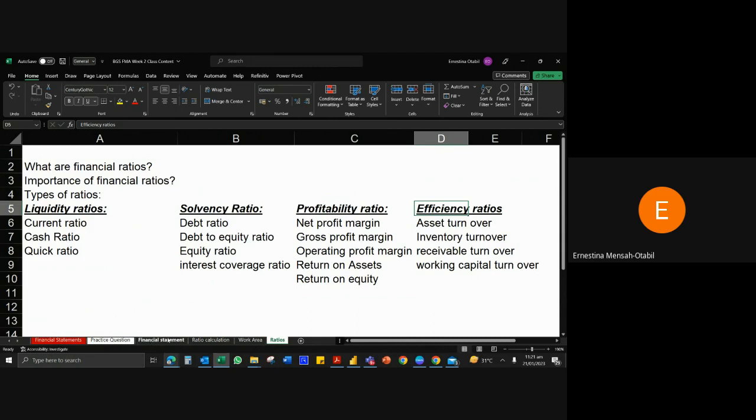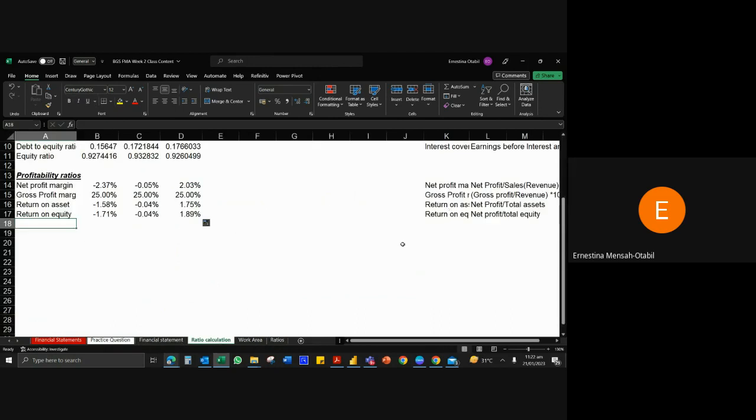So we have the asset turnover. What is asset turnover?